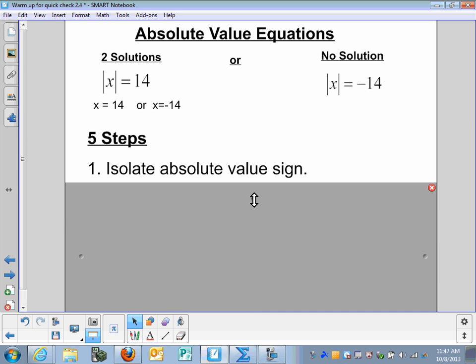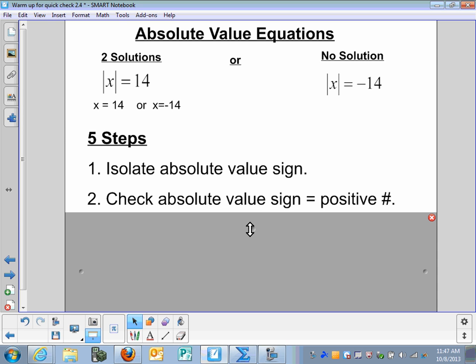We have 5 steps we're going to use to solve absolute value equations. The first step, we're going to isolate the absolute value sign. Step 2, check that the absolute value sign is equal to a positive number.